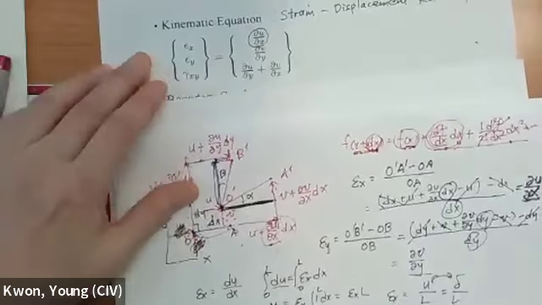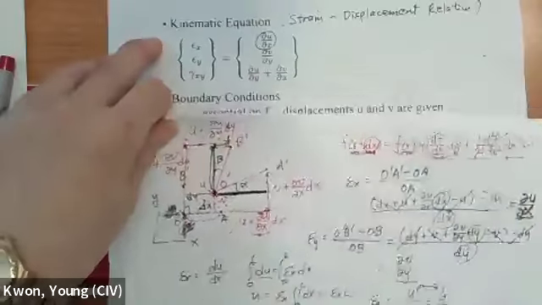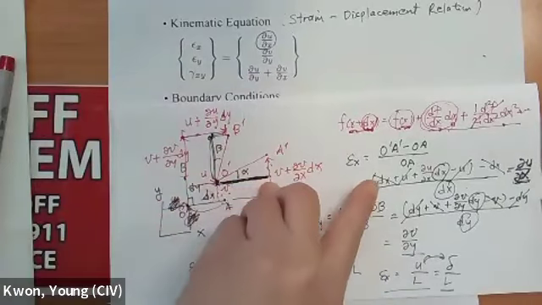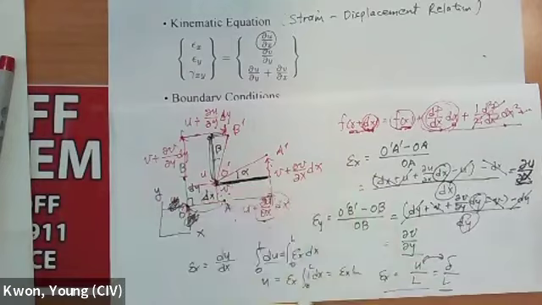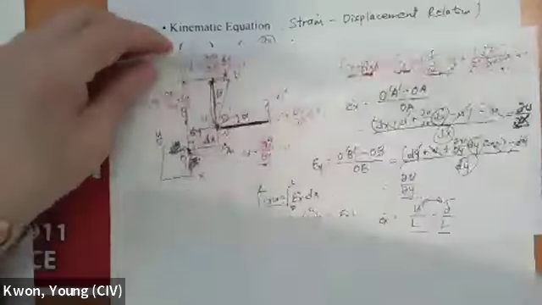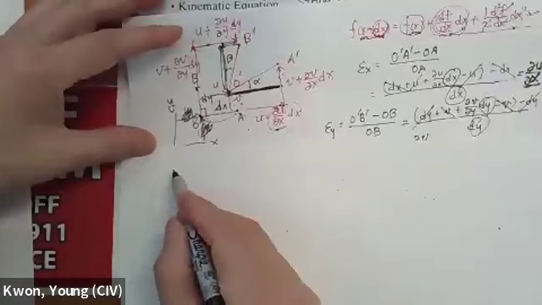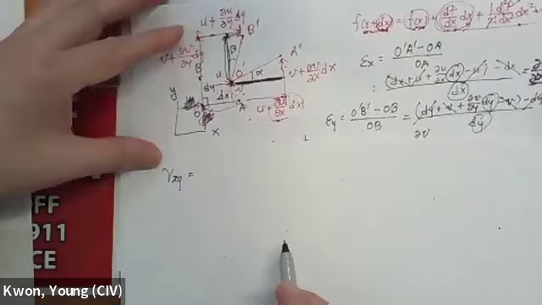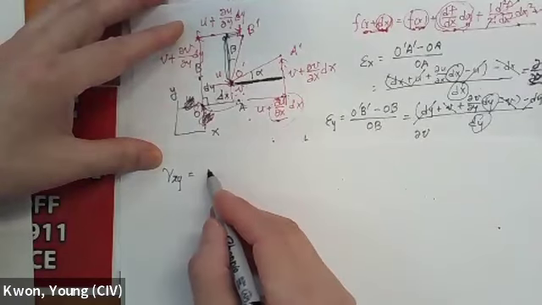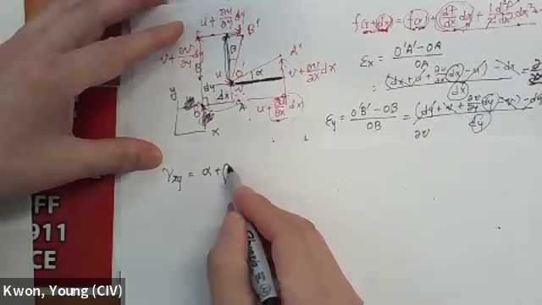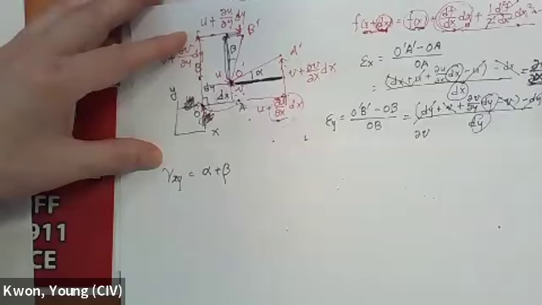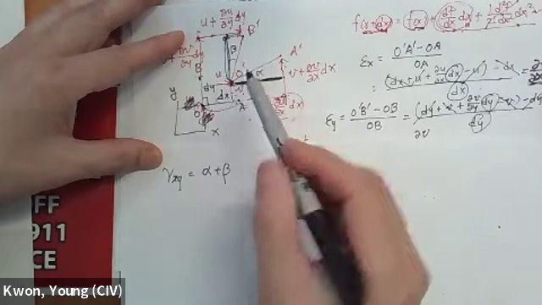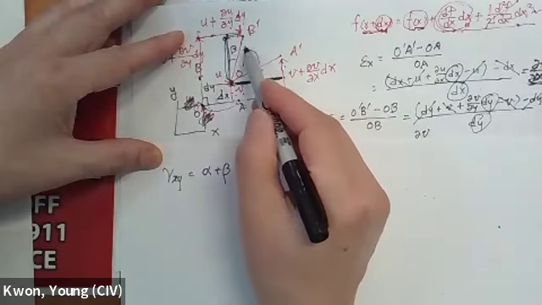Now, the last one, the shear. The normal strains are the measure of the length change per unit length, right? But the shear component is by definition the change of angle. So from 90 degrees to this angle.